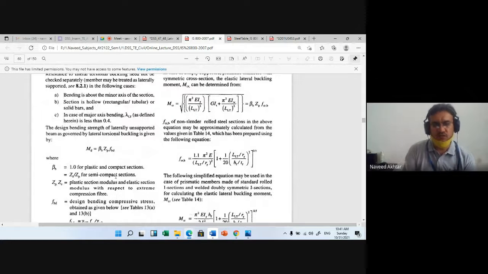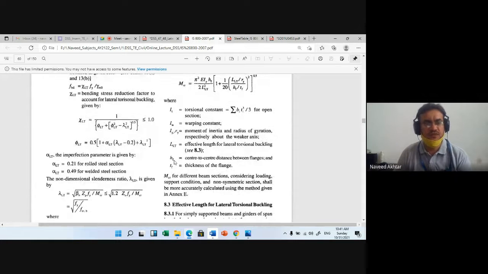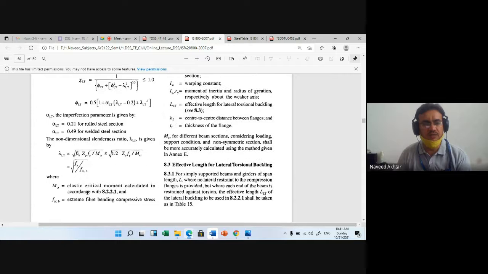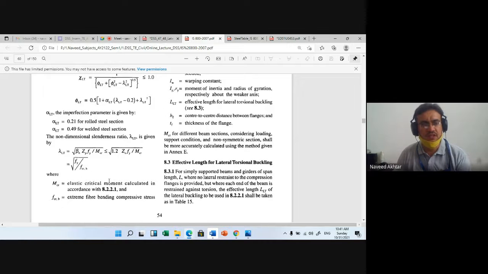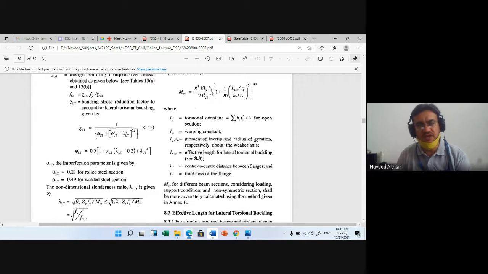So what is the equation for MCR? If you know MCR, you can find MCRB or MCR. Now alpha LT we know, FY and FCRB we have to find out. We have to find out the MCR. The MCR you can find out from this formula.